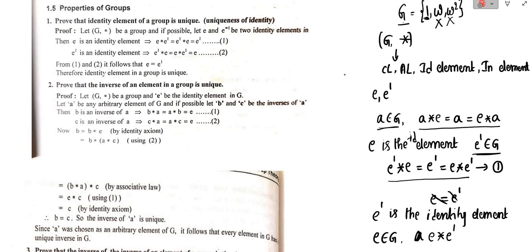E dash is the identity element, that's why the answer is E. So E dash star E equals E. This is equation number 2.